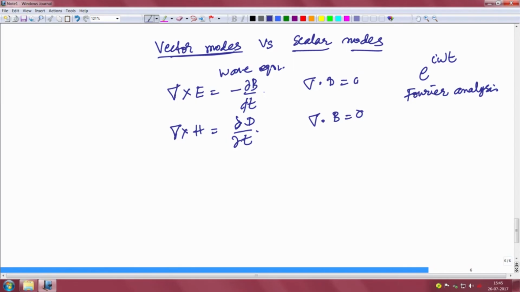So, this B will be replaced by B(x, y, z) multiplied by e power i omega t. The variations with respect to omega could be relieved by replacing B with B omega.